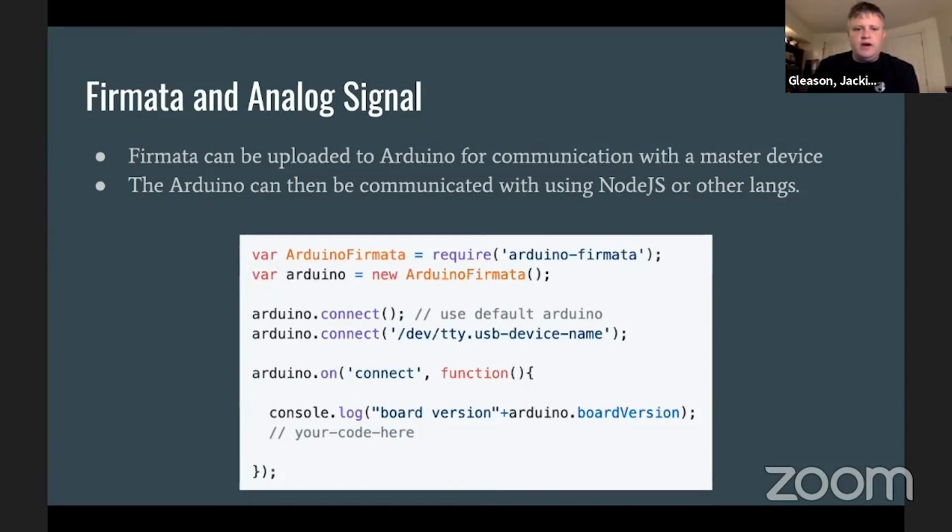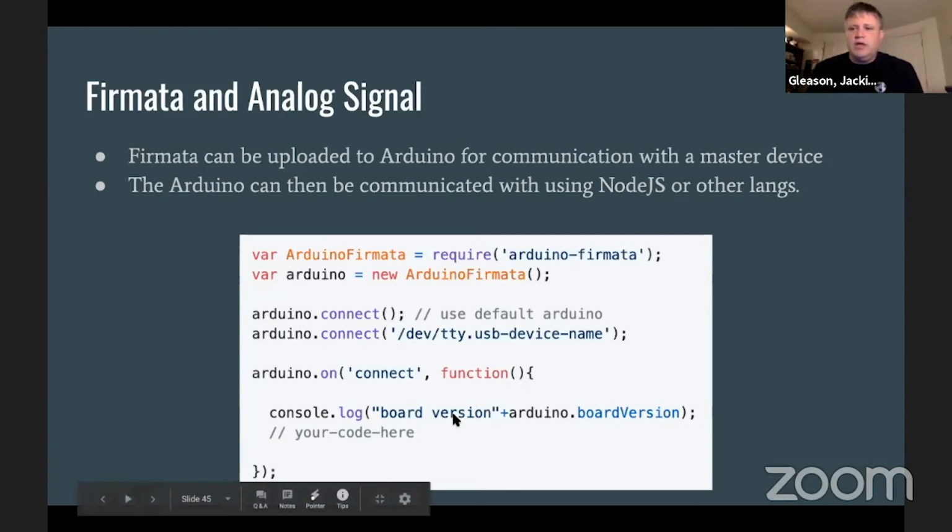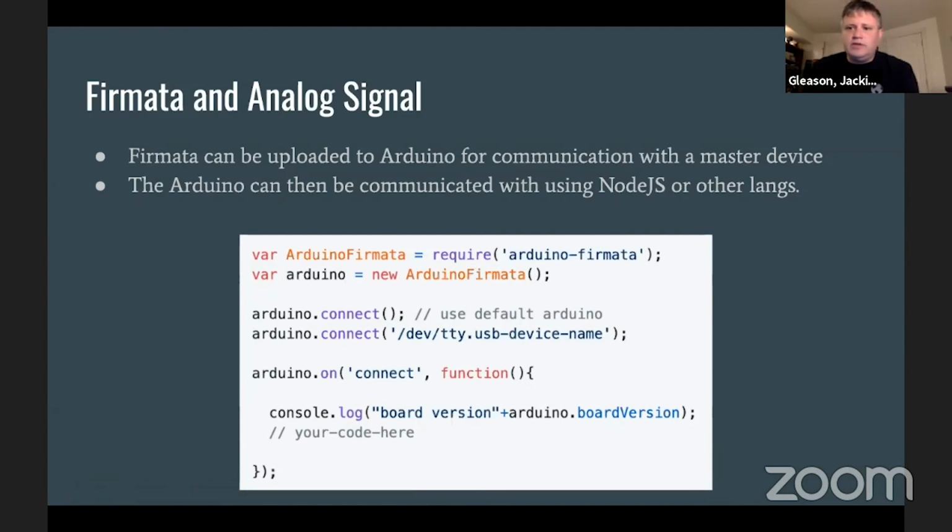You can see here we have a TTY address for the USB device, and we can just use that in this Arduino Firmata library. Assuming Firmata is installed on the Arduino board, we can connect and then start writing code directly to the Arduino itself. This is a really useful tool when you're working with things that don't work very well with the Raspberry Pi. You can bring them in on an Arduino board and basically just daisy chain it.